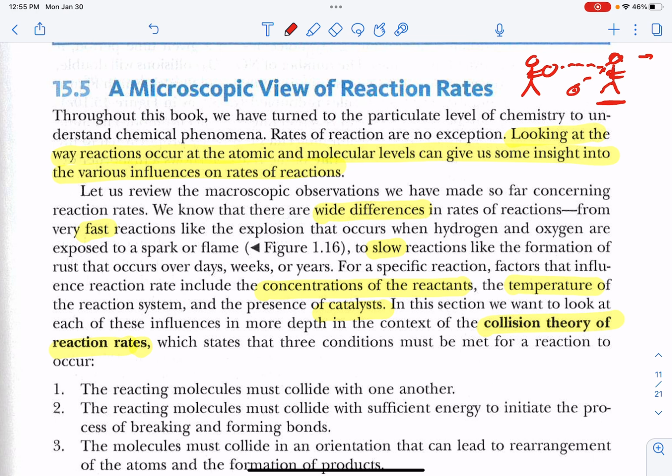So there is a position you need to be in three-dimensional space, and this would be true of both particles actually, for the collision to be effective. This lays the foundation for understanding the collision theory of reaction rates.